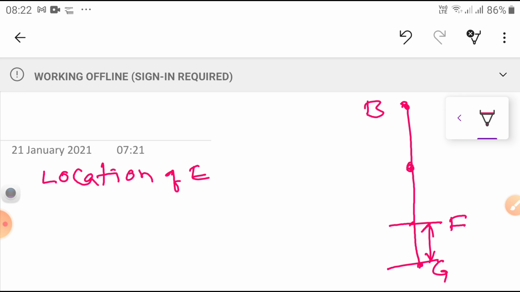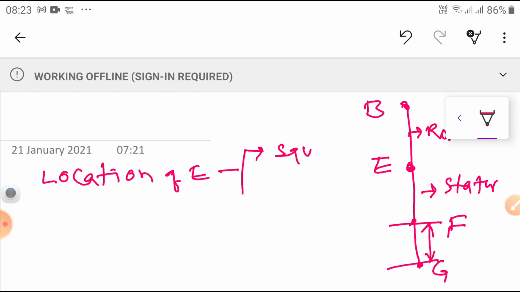I require the E point, and this is equal to F. This is known as the stator copper loss, and this is known as the rotor copper loss. So how are we going to place this, the location of E, in the squirrel cage rotor and slip ring rotor? As an electrical student, I want to know the details. How do we separate that?